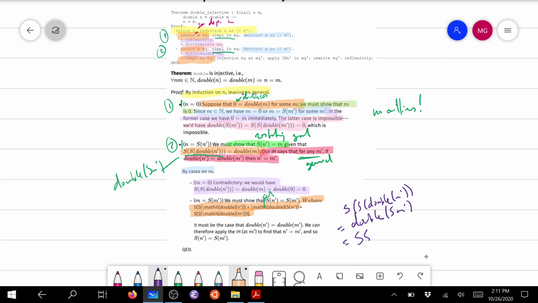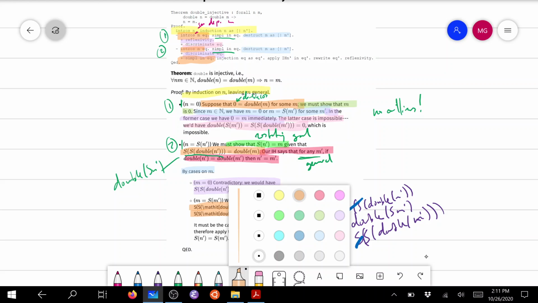But that's the same as s of s of double m prime itself. And then the next thing to note is, well, look, what I ought to be able to do is just cancel these s's, and then we'll be able to find what's next. And that's exactly what we have.